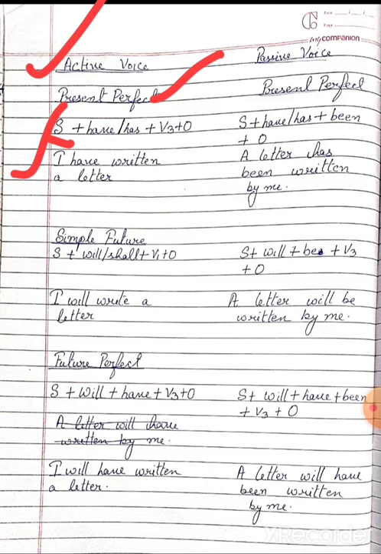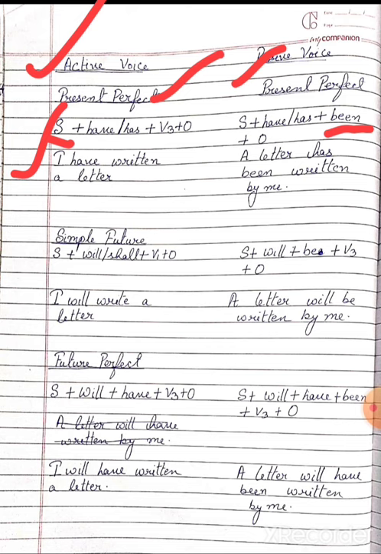Let us see the structure of present perfect tense in passive voice. The structure is subject plus have or has plus been. Don't forget to add been after have or has in the passive voice, and after that the V3 and the phrase after by. So, a letter has been written by me.